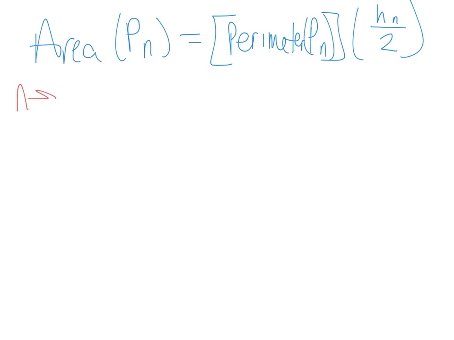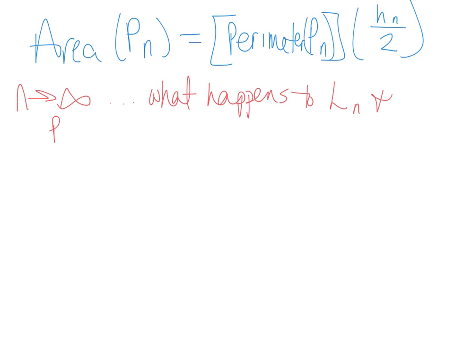As n approaches infinity, what happens to the height and the perimeter in terms of the radius and the circumference?